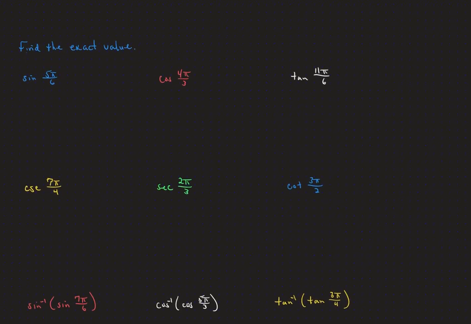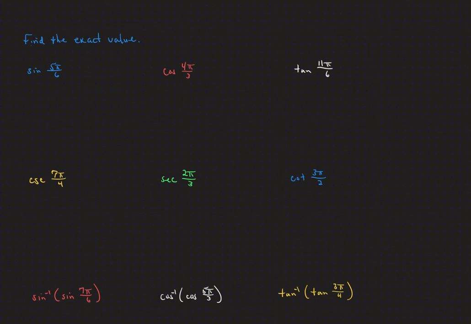Okay, now we're looking for exact value. So if you think here now, 5 pi over 6 is going to be over here in quadrant 2. The reference angle is going to be pi over 6. Sine of pi over 6 is 1/2, and sine in quadrant 2 is still positive, so that's going to be a positive 1/2. 4 pi over 3 is going to put us here in quadrant 3.